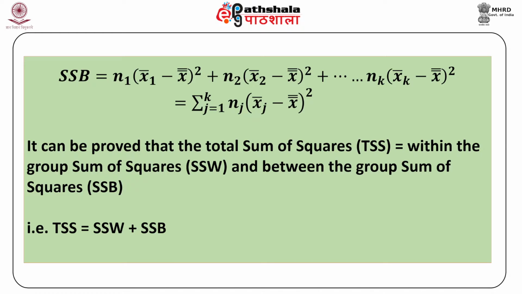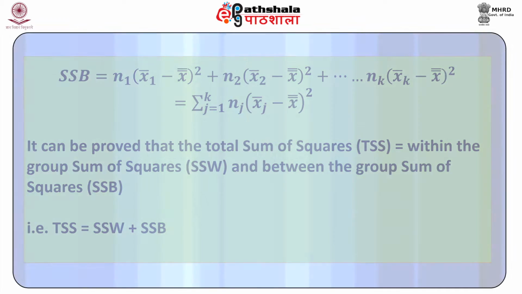It can be proved that the total sum of the squares, which means TSS, is equal to the within the group sum of squares, that is SSW, and the between the group sum of squares, SSB. Now it means nothing but that TSS is equal to SSW plus SSB.